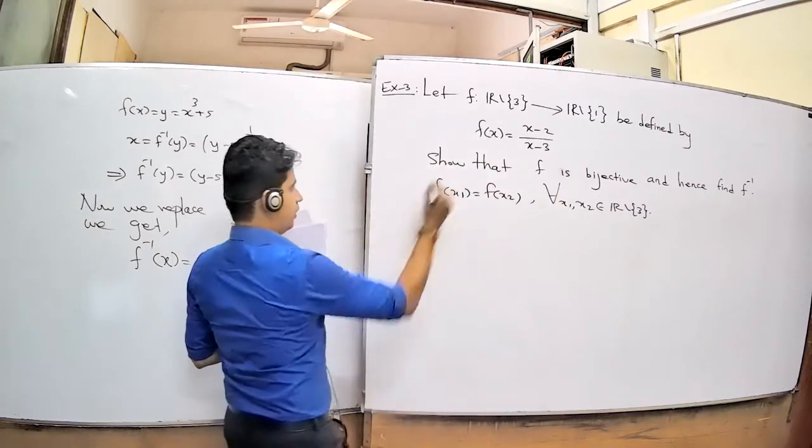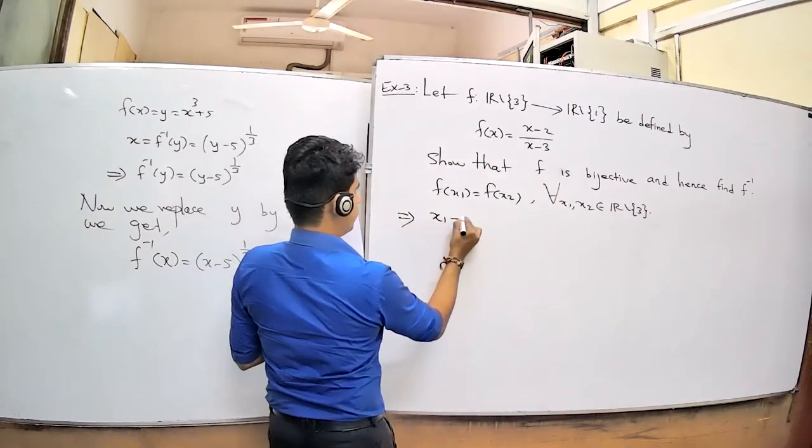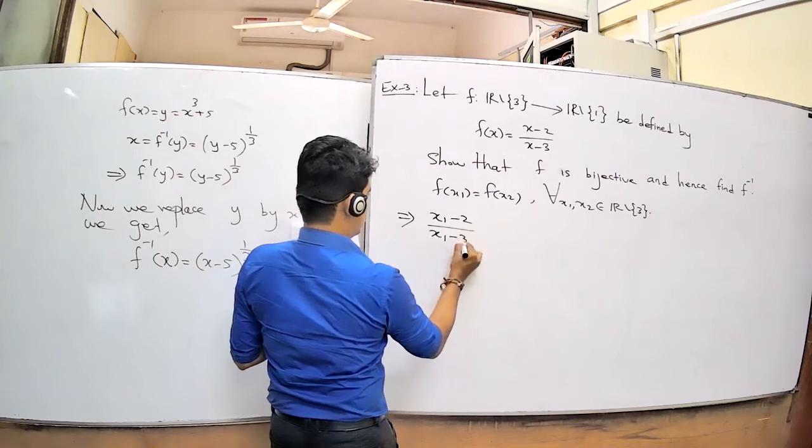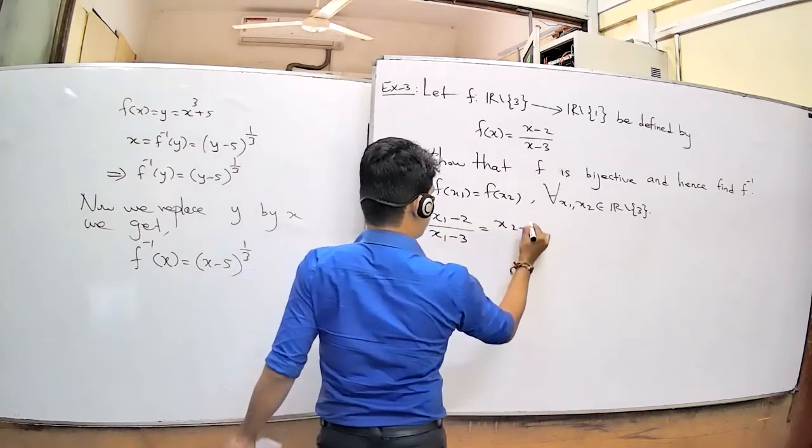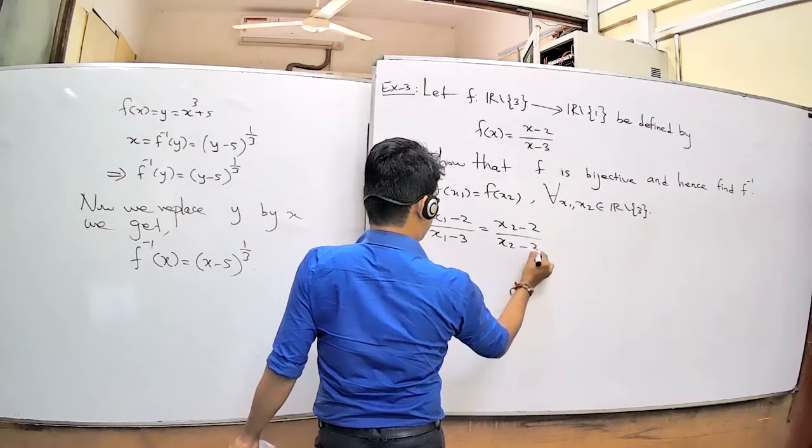Now you put in this function (x1 minus 2) over (x1 minus 3) equals (x2 minus 2) over (x2 minus 3).